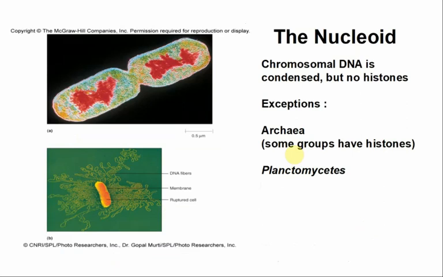Now, inside a bacterium, the DNA isn't just a big massive molecule of deoxyribonucleic acid floating around in solution, because if that were the case, it would be far too big to fit inside the cell.